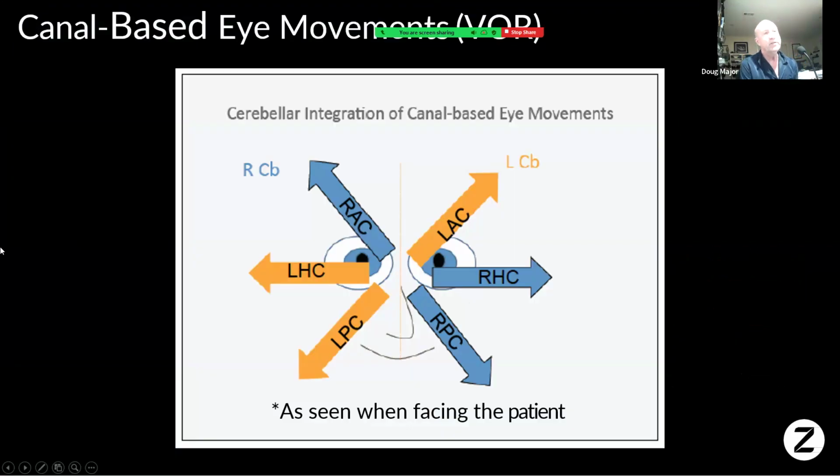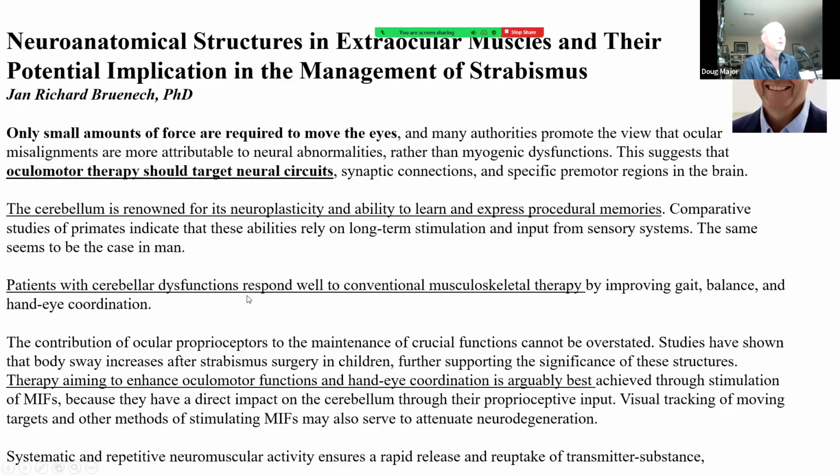And each canal has a different ability. We move our eyes to the right, that moves our canals to the right. We move our eyes to the left. We're going to go into more depth, but I just want you to understand the right cerebellum and left cerebellum, how they're interconnected with these canals.